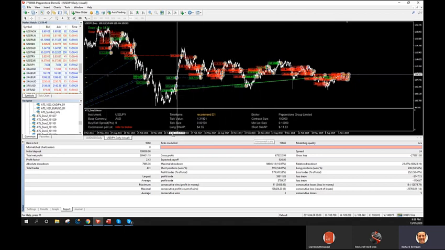If we look at the instrument details here, you'll see this long swap of $4.55 per lot. That means that in addition to the benefit of these trends, we are getting a positive carry on these trades because we're getting a preferential interest rate paid to us by holding them for a long period.